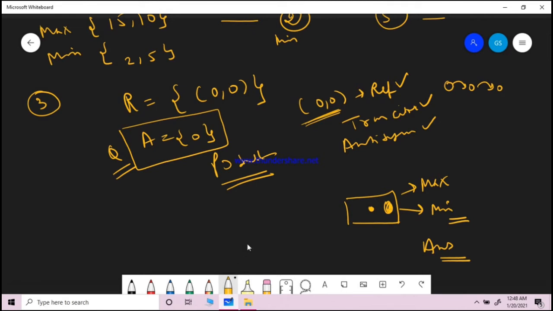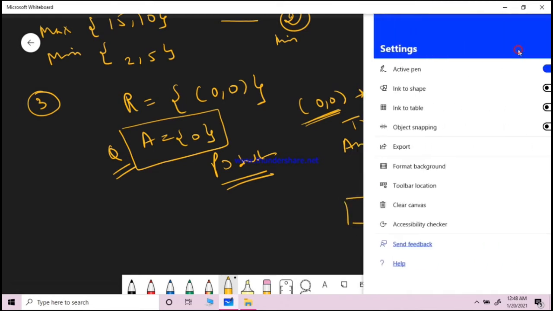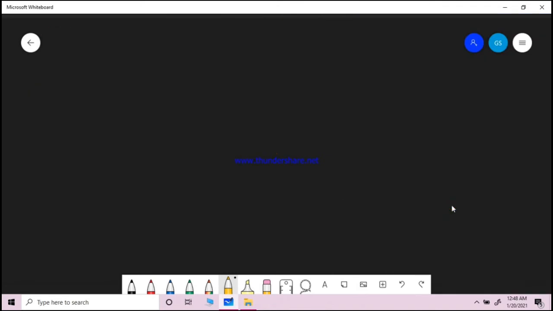Now, let's move on to another topic, and that is greatest and least element in a poset. In the poset, you have to identify the greatest element and you have to identify the least element. So this is the next topic of this section.